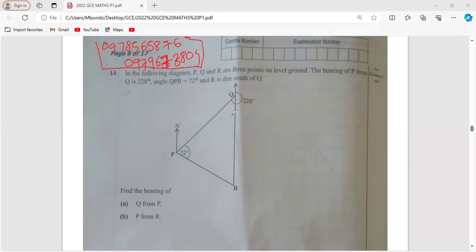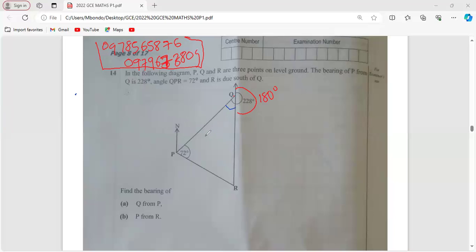As you may know, at this point you know that this is an angle on a straight line, which is 180 degrees. Now, what about this one that is inside here?